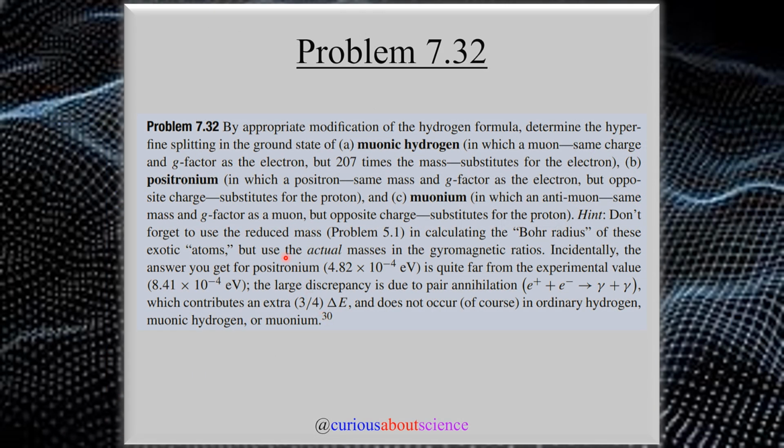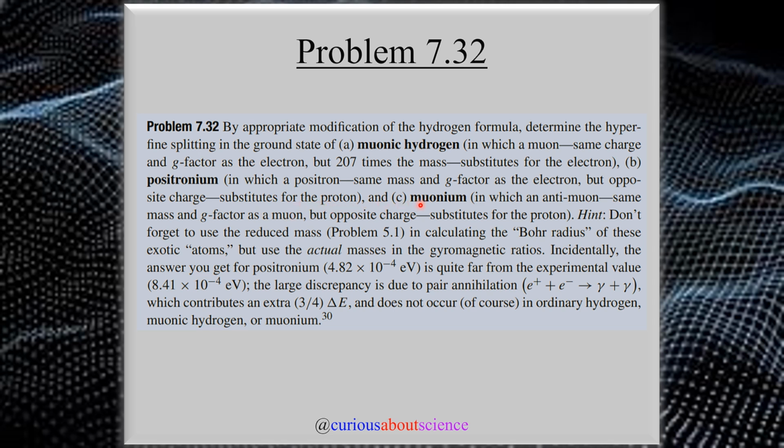In problem 7.32, by appropriate modifications of the hydrogen formula, we want to determine the hyperfine splitting in the ground state of A, muonic hydrogen, in which a muon with the same charge and g factor as the electron, but 207 times the mass, substitutes for the electron. Part B, positronium, in which a positron, same mass and g factor as the electron, but opposite charge, substitutes for the proton.